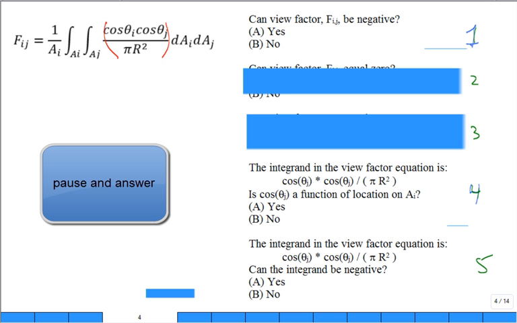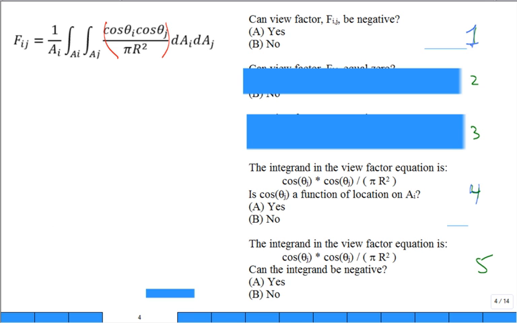All right, well, let's do this. It can be negative if the cosine of theta i is negative and everything else is positive, or the cosine of theta j is negative and everything else is positive. Pi is never going to be negative. How about r? Well, you're squaring it. R is a distance. That's always positive. So this is always positive.